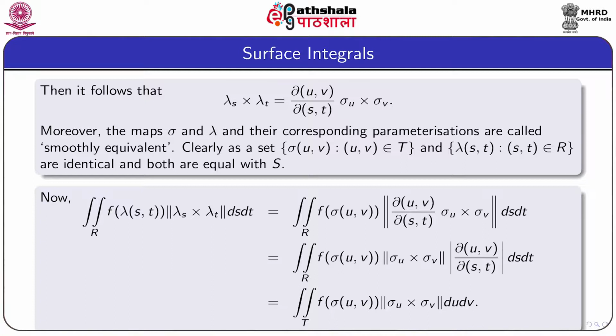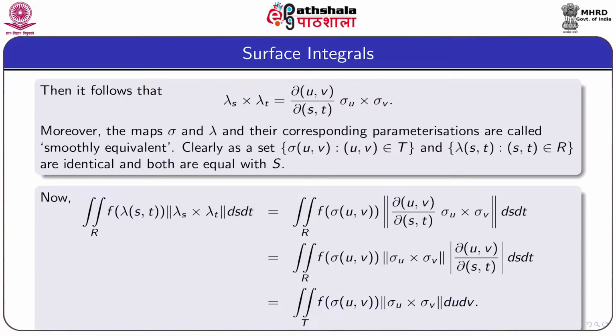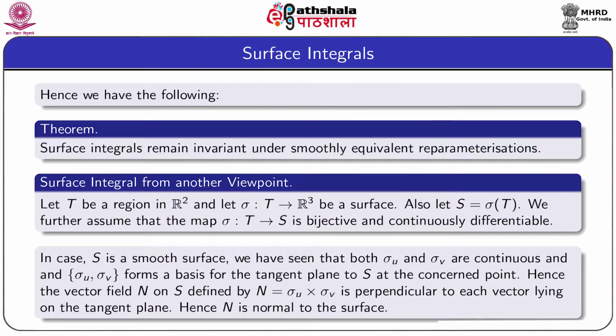So, we take the modulus of the Jacobian outside, and finally this integral equals the double integral over T of f(sigma(u,v)) norm of sigma u cross sigma v du dv. Hence, we have the following result: surface integrals remain invariant under smoothly equivalent reparameterizations.